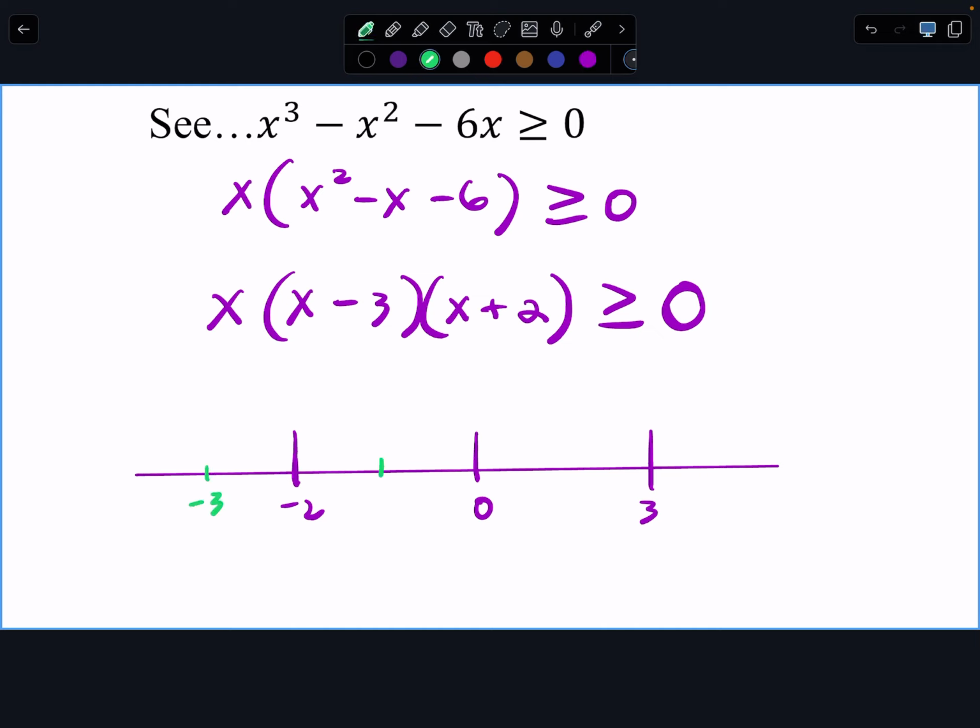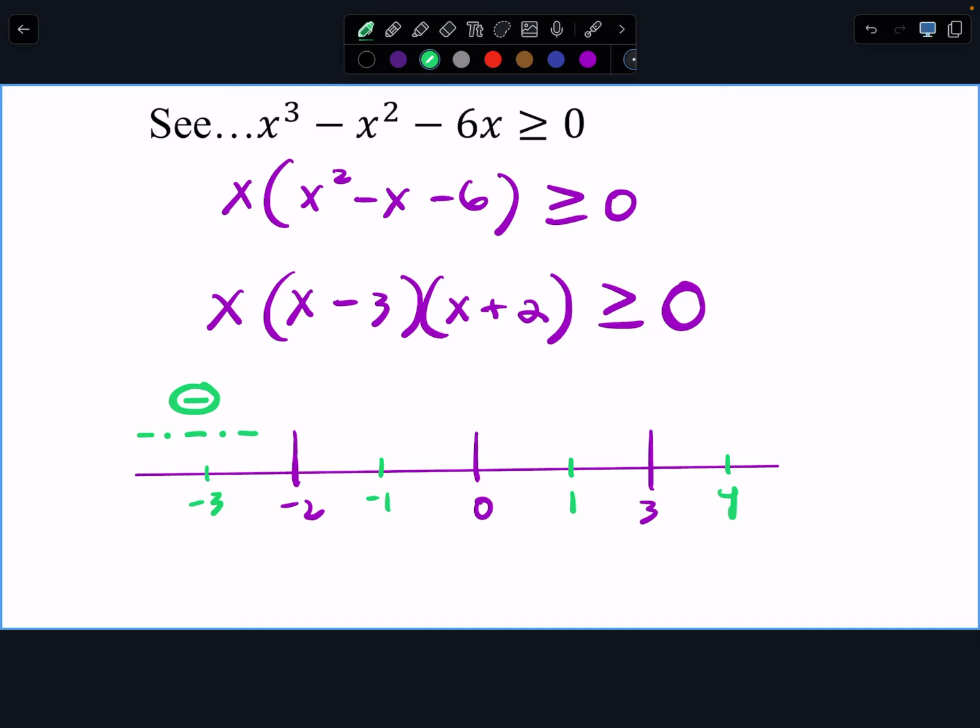Okay, choose your test values on each of those intervals. And then you can think about plugging them in. So sometimes, and this will be something that I do with the rational inequalities, but when I think about plugging into the factored version and I put the sign and I'm like, oh, so that would be a negative times a negative times a negative, which would be a negative.